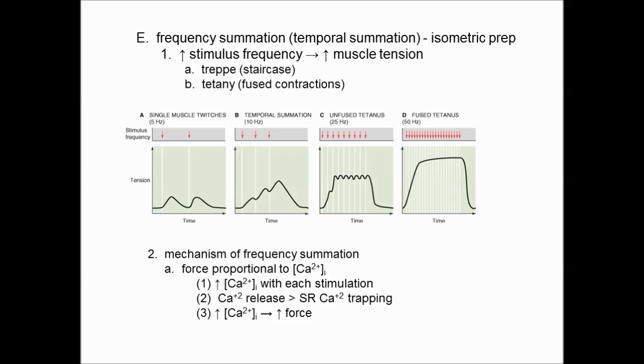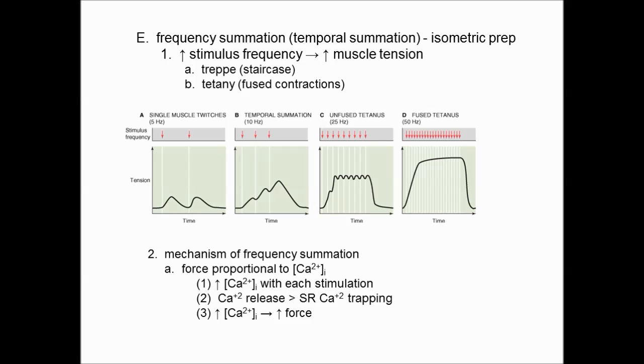However, the first is easier to understand: if you start stimulating the muscle faster, then the sarcoplasmic reticulum can trap the calcium, and you have a higher average calcium in the sarcoplasmic fluid.